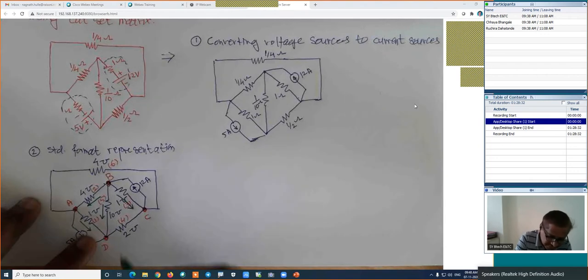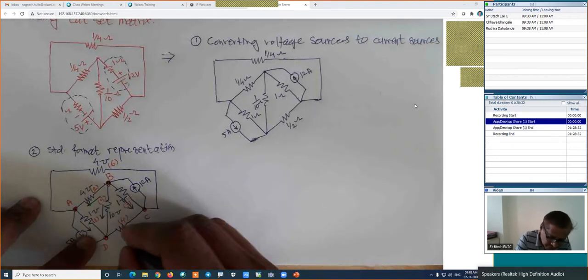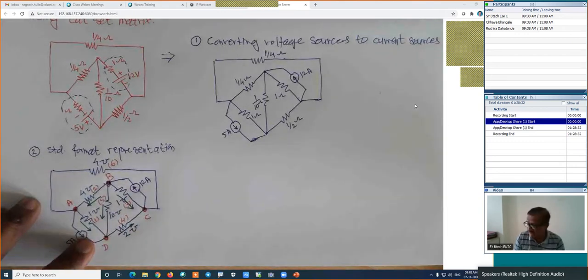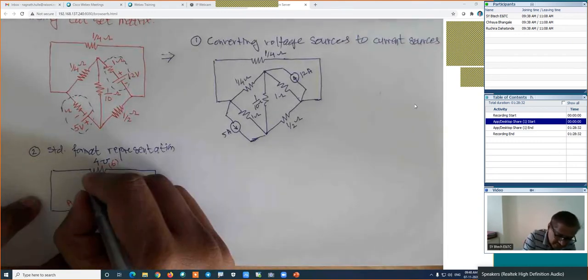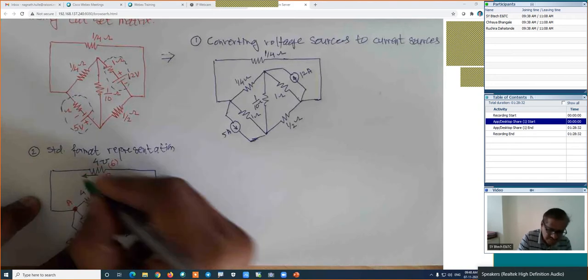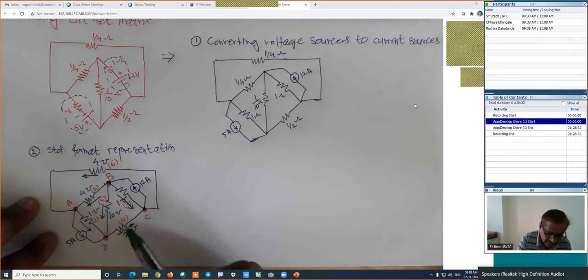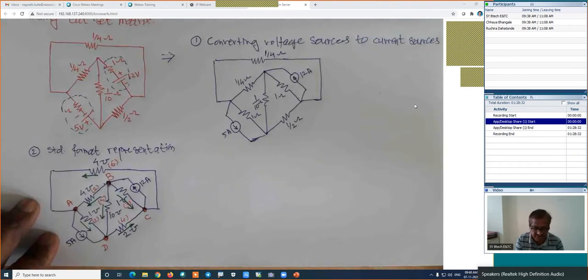The current in branch number 4, I will assume upward. I am just assuming random directions. And finally, I will assume the current in this branch towards the left hand side. This is 1, 2, 3, 4, 5, and 6. We have assumed the 6 directions.